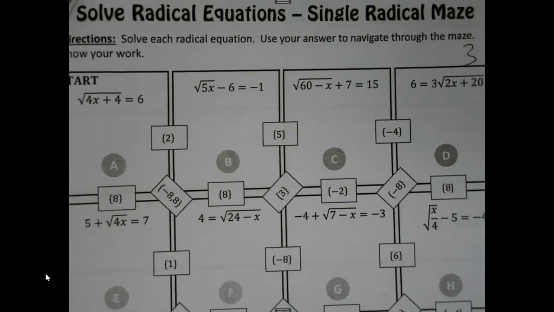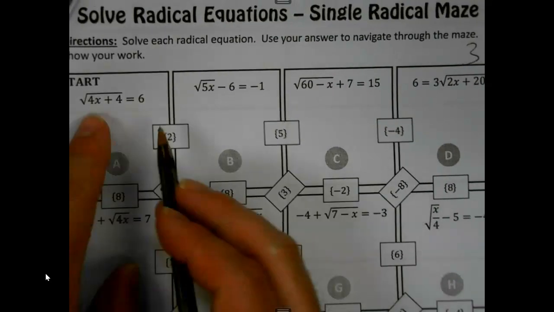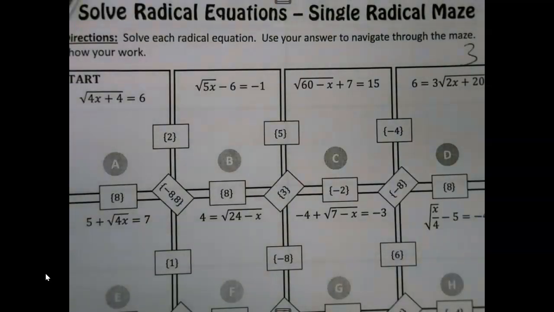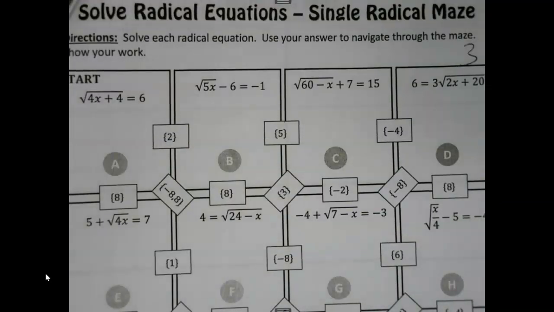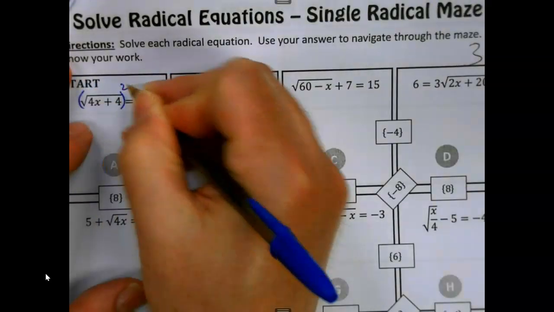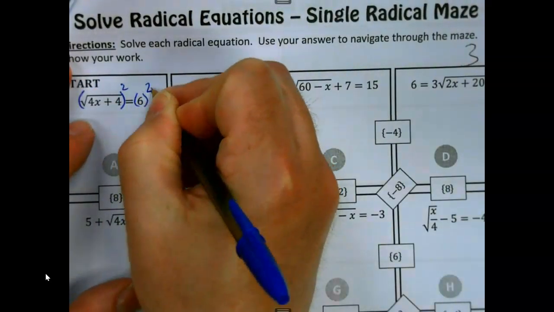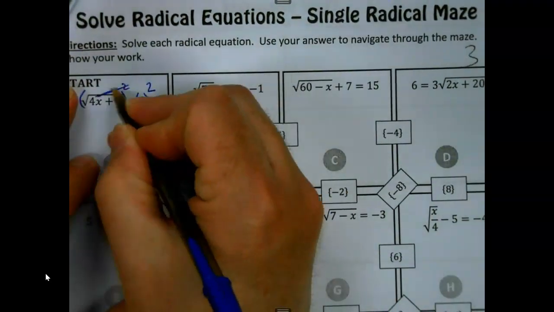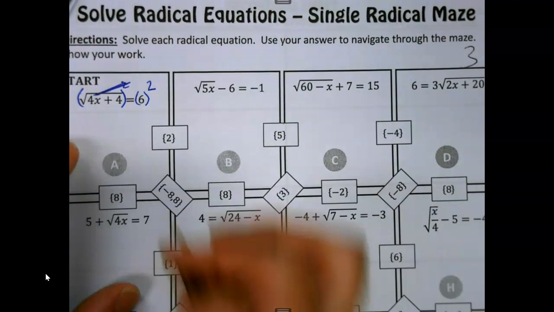So if you're on page 3, we're looking to see is the radical alone first. So again, we got to keep our notes handy and dandy here. And I put my wrong notes in front of me. That's all right. But once this is alone, we square it, because that's the only way I can get rid of the radical.